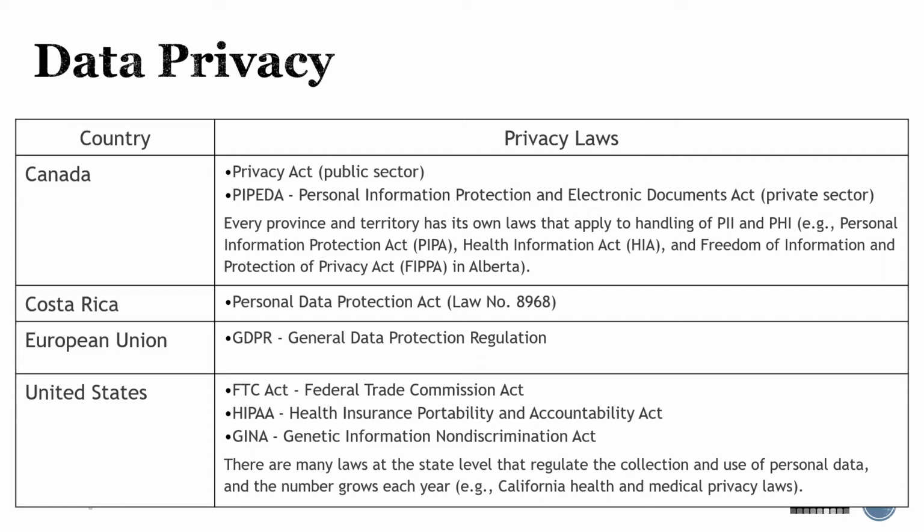The European Union comes under GDPR, the General Data Protection Regulation, and that applies to all member states. But once again, each member state could also have legislation specific to the handling of private information or health information. And I just threw in Costa Rica because when I put this slide together, I was traveling to Costa Rica to talk about this. In Costa Rica, you have the Personal Data Protection Act, and that's the act they follow in Costa Rica.